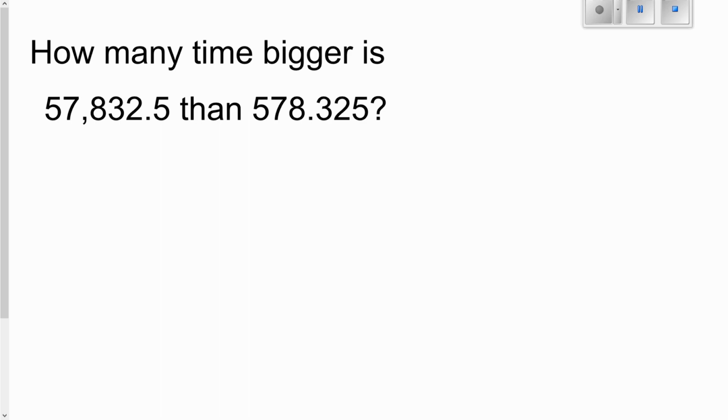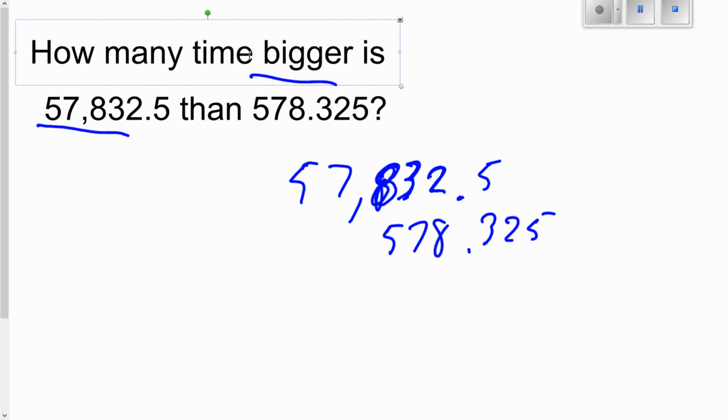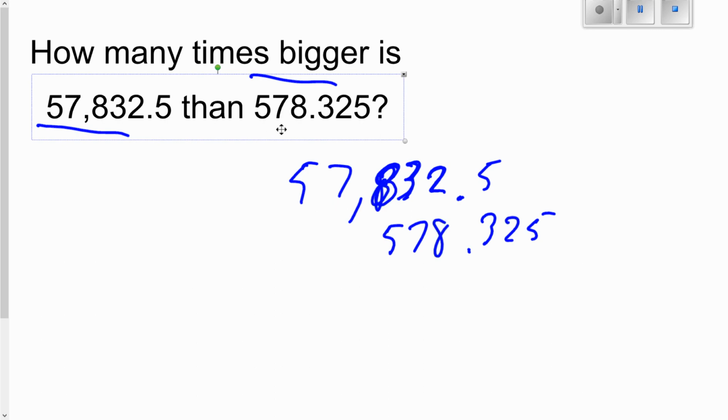So we have 57,832 and 5/10, and we have 578 and 325 thousandths. And it's asking you how many times bigger is this number compared to this number?